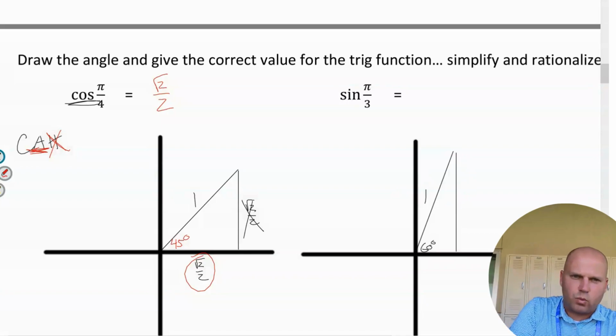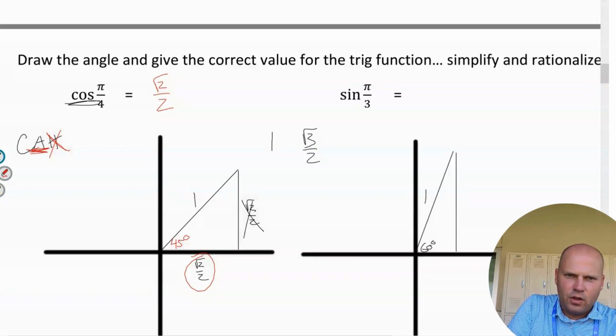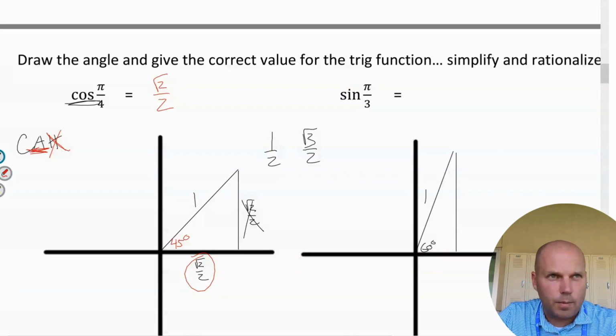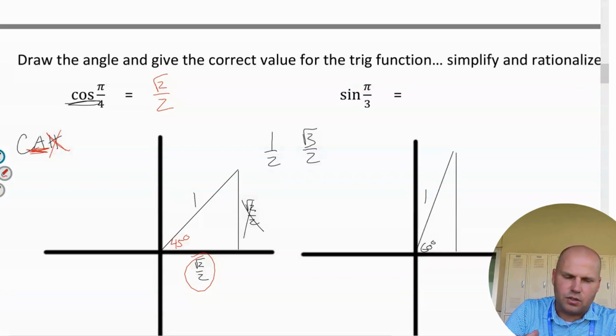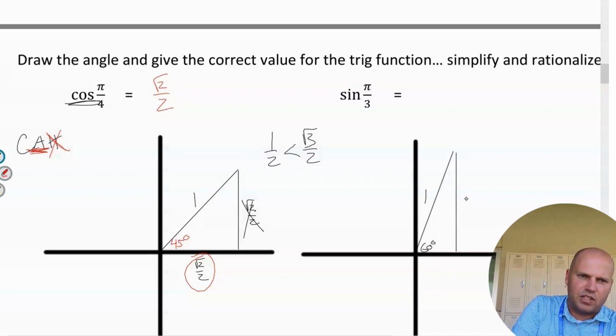Which side is which? Well, it's either root 3 over 2 or it's 1/2. Root 3 is somewhere between 1 and 2. It's like 1.7. So root 3 divided by 2 is bigger than 1/2. Keep this in your brain, that root 3 over 2 being bigger than 1/2 means this is your bigger side.